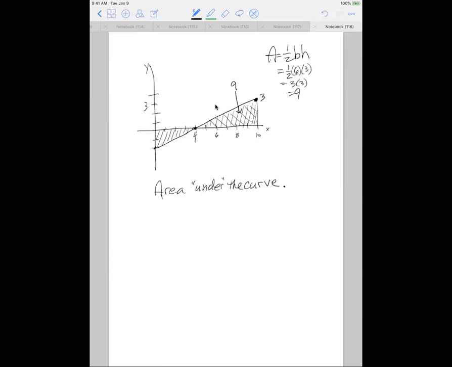All right? So let's see what the area is on our calculator. If you have your calculator with you, I've got the TI going here, and I'm going to go ahead and do an integral. I figured out what this line was.